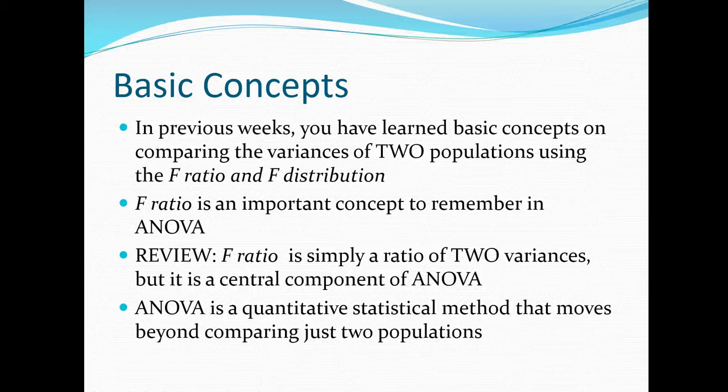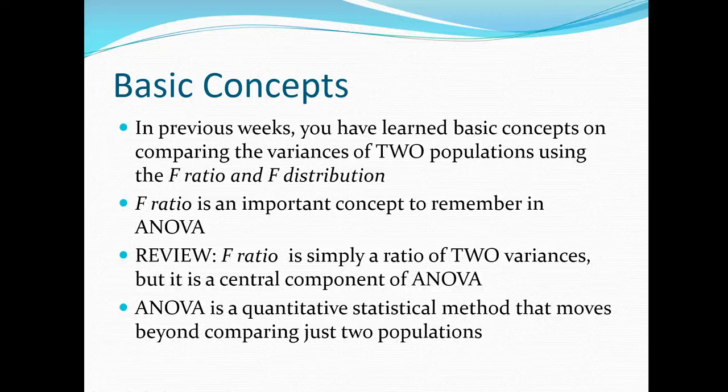In the previous weeks, we have learned basic concepts on comparing the variances of 2 populations, and typically we use the F ratio and the F distribution. I haven't covered the F ratio and F distribution, but I'd like you to look it up for yourself, because that is a foundation of ANOVA.